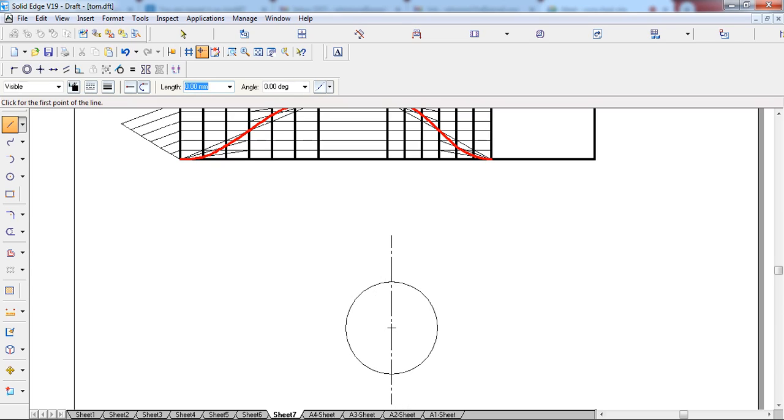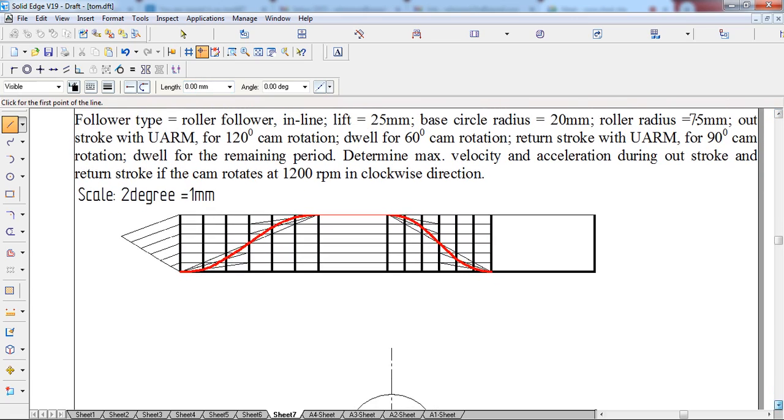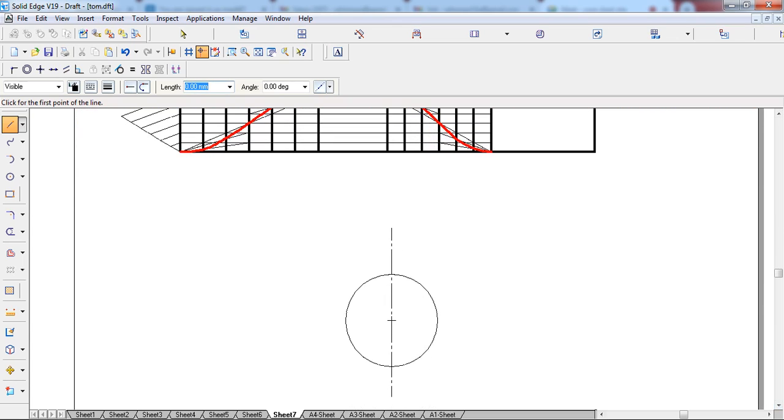Okay. Next, the roller is how much? 7.5 mm radius. So what I have to do is go from the top of this point and mark 7.5 mm, and then draw one roller.